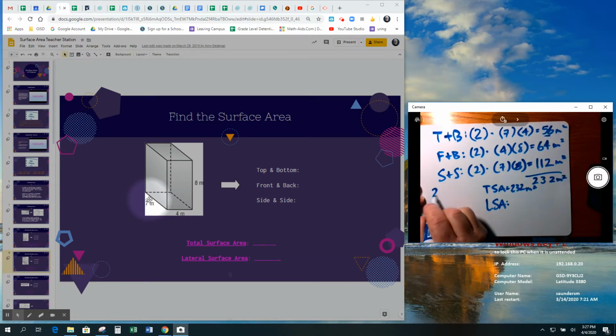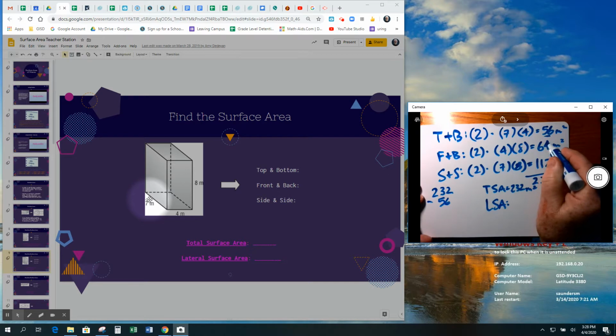So 232 minus 56, or you can do 64 plus 112. That's probably easier. 64 plus 112 is 176. 176 square meters. So that's lateral surface area. Okay, so that's all of the sides, not including the top and the bottom. Okay, piece of cake.